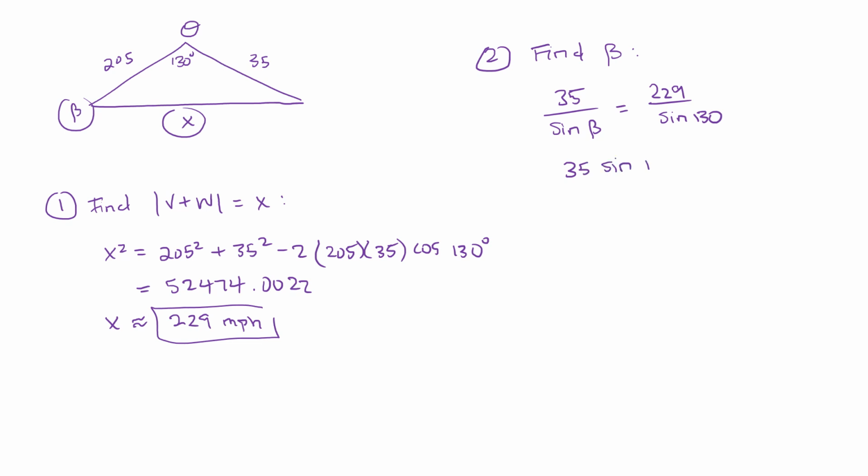We can cross multiply. And I want sine beta by itself. So I'll divide both sides by 229. I'll then take the inverse sine of the right-hand side to find beta, which is approximately 6.7. But we're going to round that to the nearest degree, which is 7 degrees.